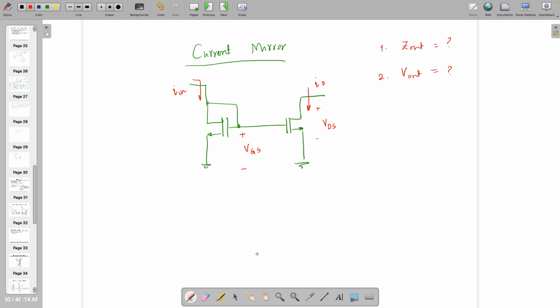So what is the output impedance? R out. Let's call this one M2 and this one M1. It's ro2. Although ideally it's infinite, you know that the value is around kilo ohms.